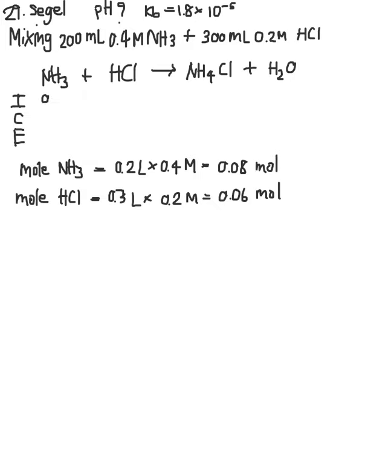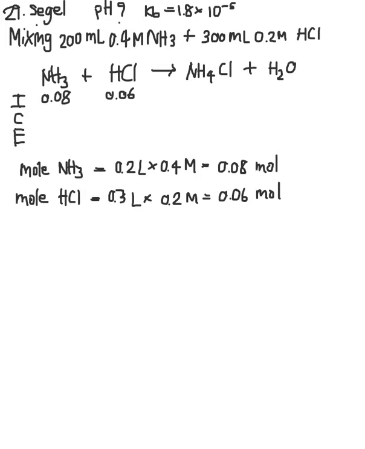So you can plug these values into the initial line. For ammonia you have 0.08, while for hydrochloric acid you have 0.06. The next step is to determine which one of these substances will be the limiting substance.